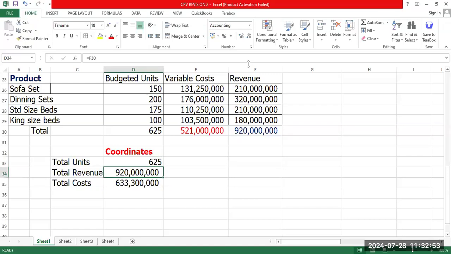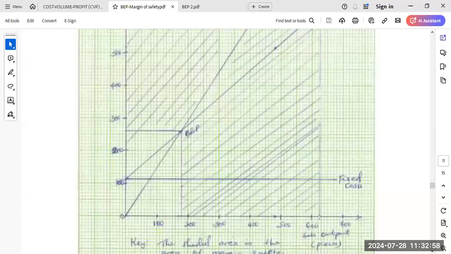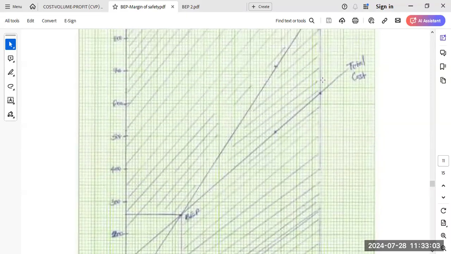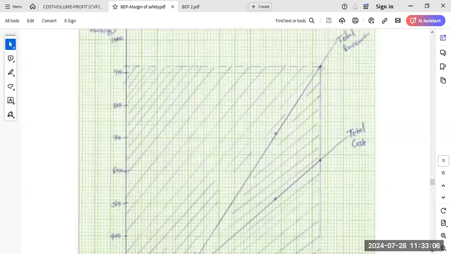Plot total revenue. Are you seeing that, colleagues? Because this is 800, this is 900, my 920 is around here. So that's why you see I have an arc representing total revenue. So put an arc here.